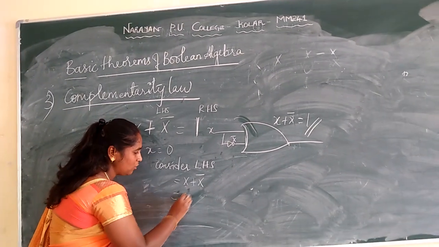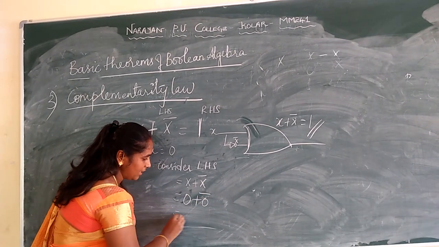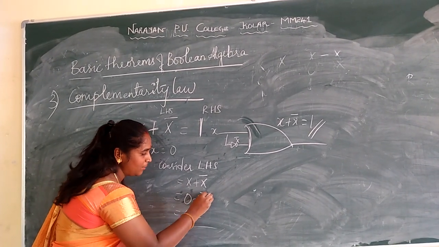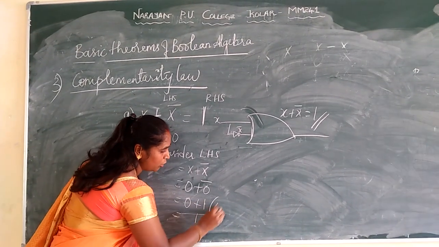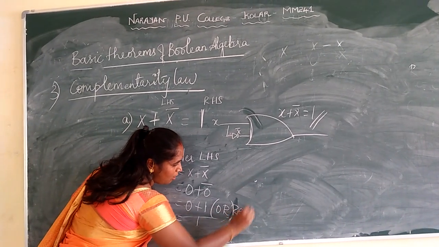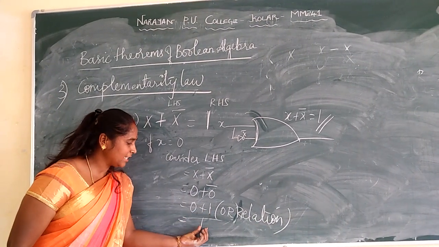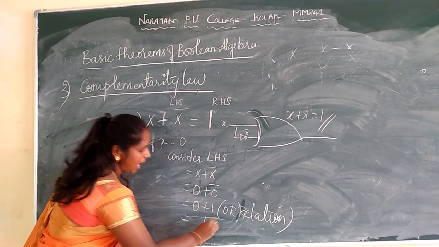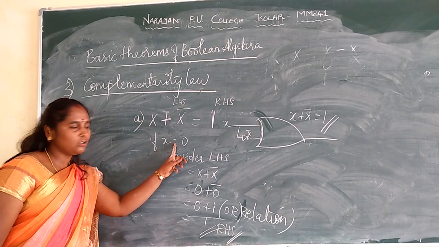So 0 plus 0 bar, where 0 bar becomes 1. So 0 plus 1 is nothing but 1 according to the OR relation. So your RHS has been proved for x equals 0.